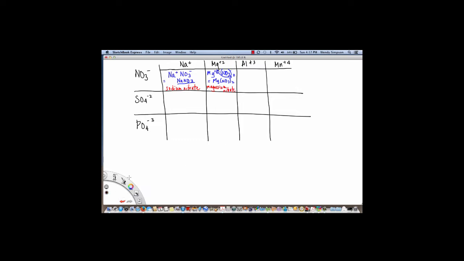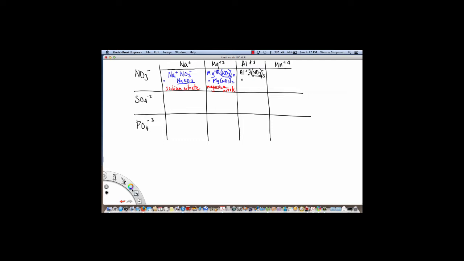Our next example, we're combining aluminum with nitrate. So the 3 on the aluminum becomes the subscript on the nitrate when we apply the crisscross rule. And the 1 becomes the subscript on the aluminum.